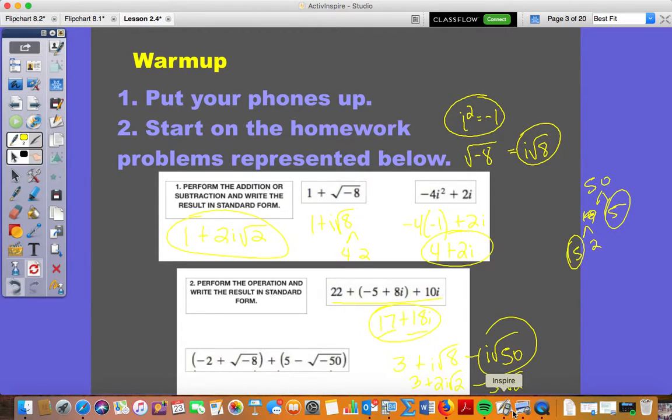Can I combine them? Yeah. Why? Same radical. And what else needs to be the same, Caitlin? The i as well. Good. So the i, as well as the square root, the radical, needs to be the same, making our answer 3 minus 3i root 2 as my answer.